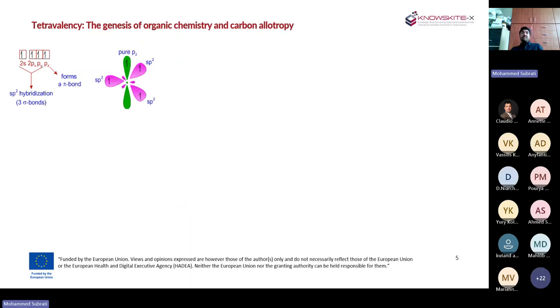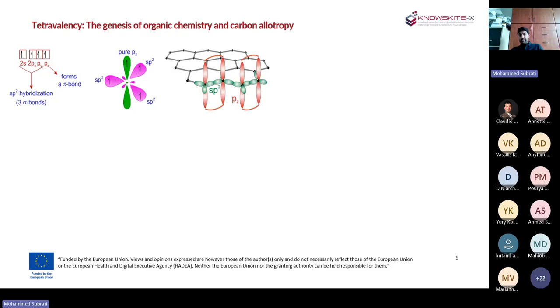What about if instead of 4 carbons, the carbon atom is now attached to 3 carbon atoms? In this case, you have sp2 hybridization, and the pz orbital can now form the pi bonds.